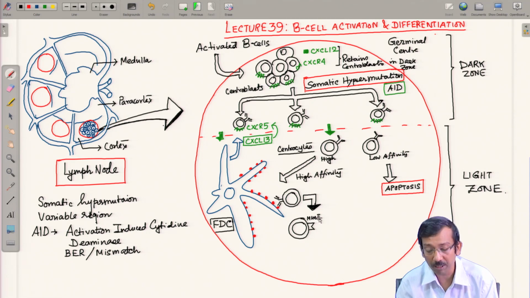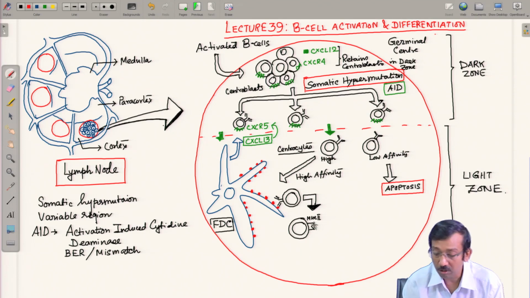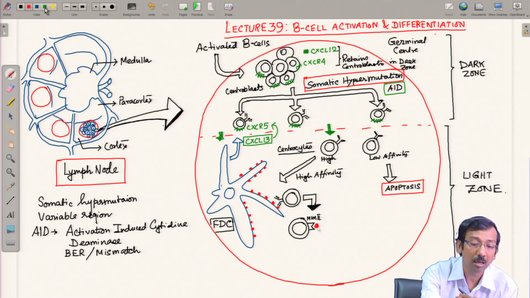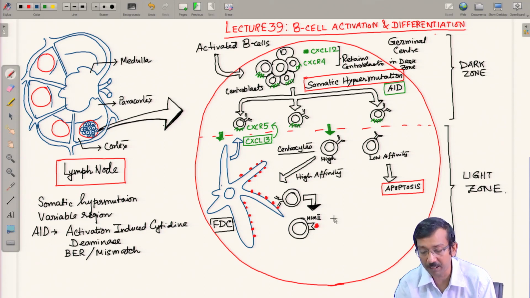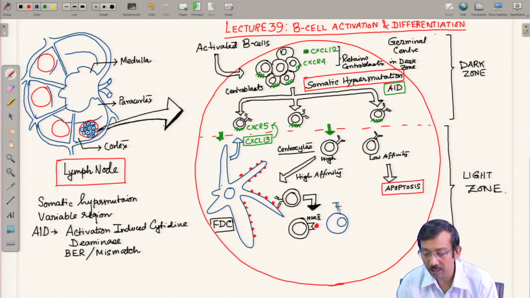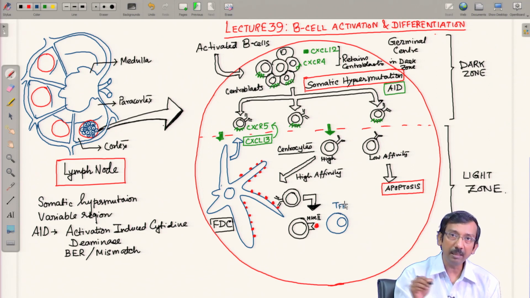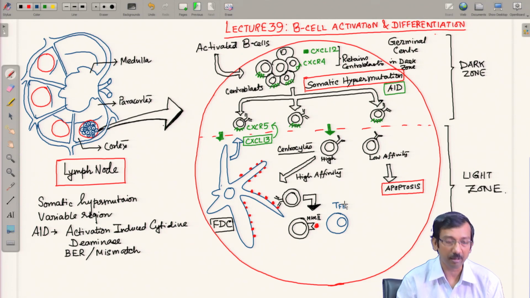Again there are follicular helper TFH cells, the T follicular helper cells, which are present in the light zone of the germinal center.